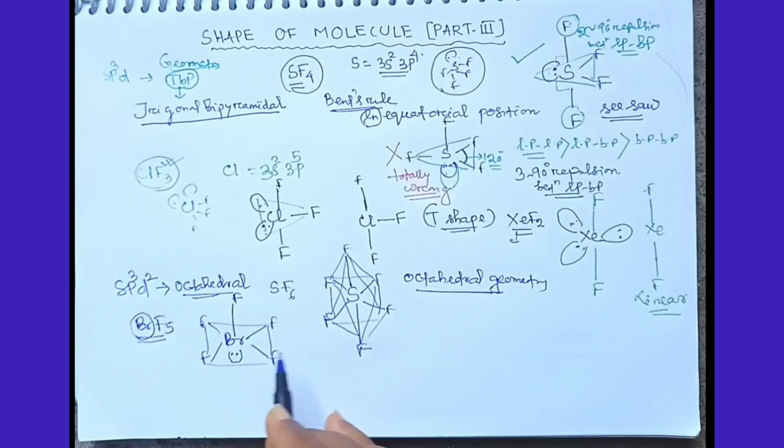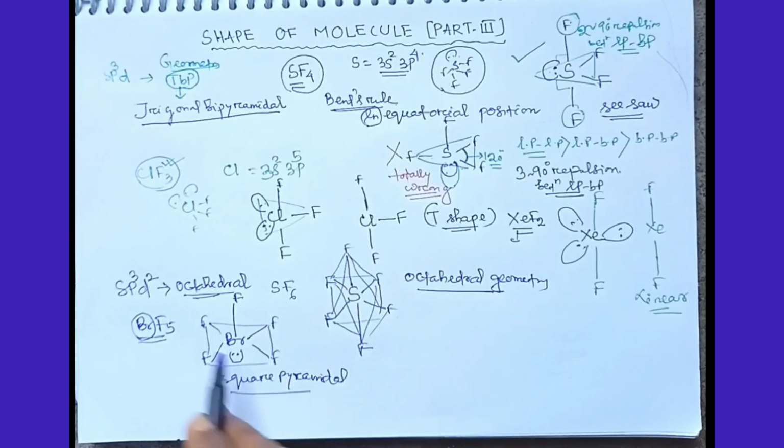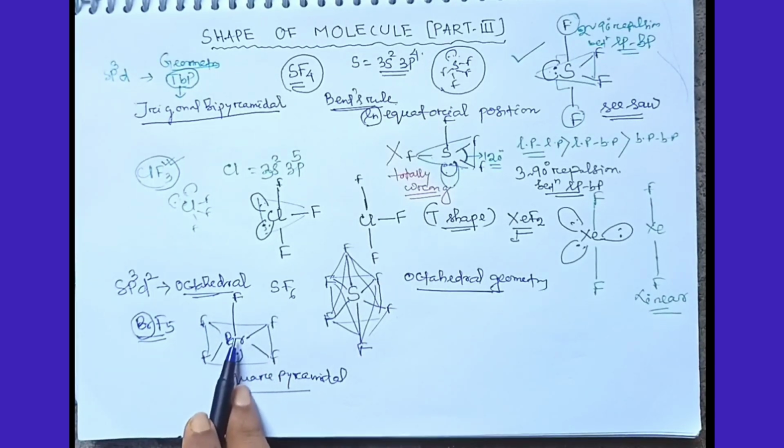So the shape will be square pyramidal, because here 4 fluorines are in one plane, and above in the axial position 1 more fluorine. The shape will be square pyramidal.